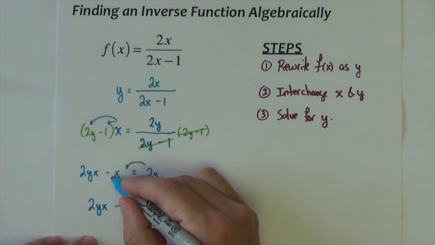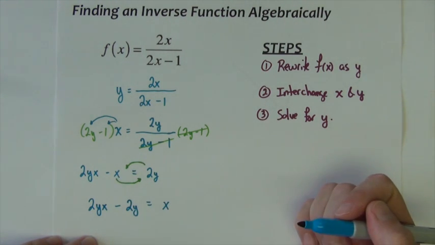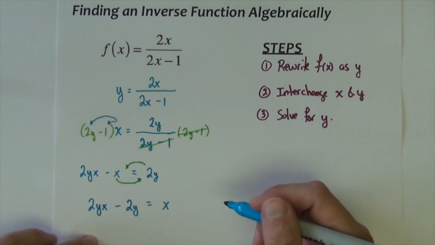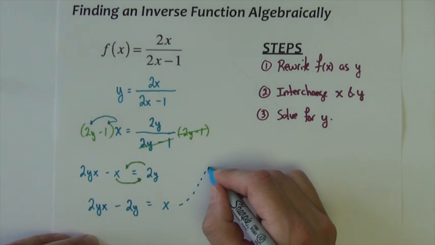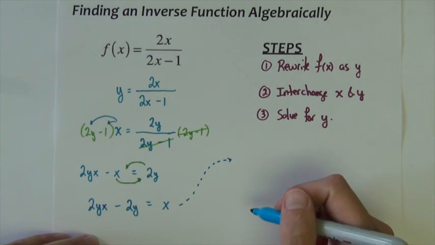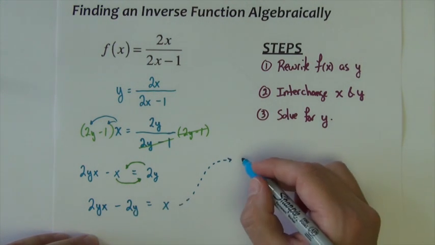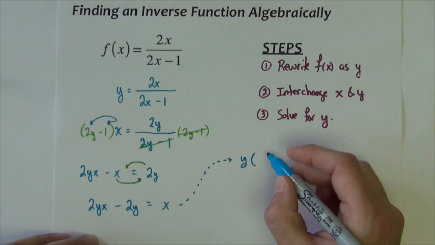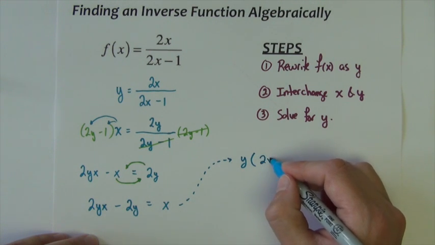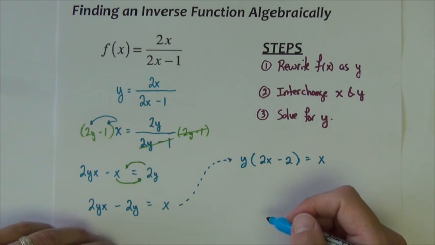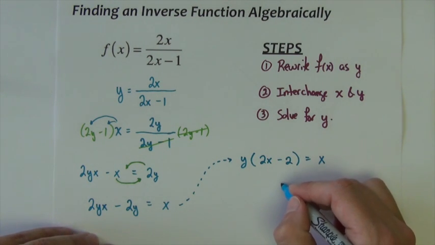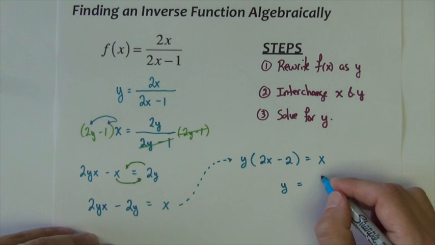Equals, and this x, which is already subtracted, comes over by adding it. Okay. Next, let's come over here to give us some room. Next thing I'm going to do is take out a common factor of y. If I take a y out, I'm left with 2x minus 2 equals x. And I can get y by itself by dividing by 2x minus 2.